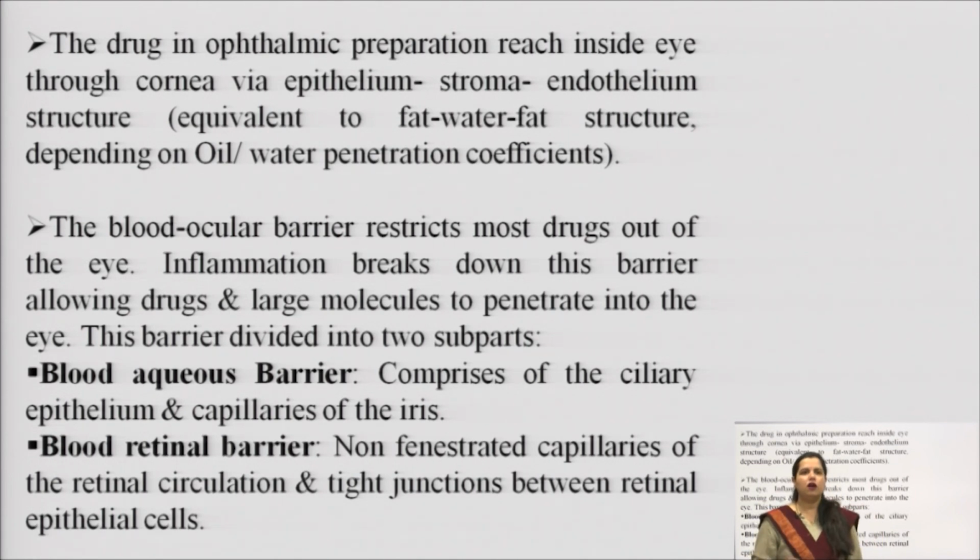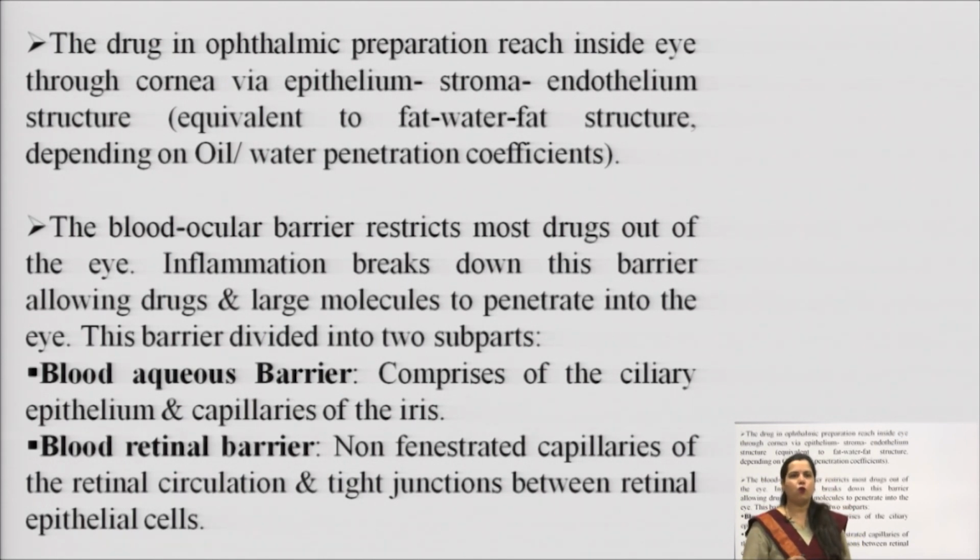Now, the blood ocular barrier restricts most drugs out of the eye, because they can't pass this corneal barrier. For example, inflammation breaks down the barrier, allowing the drug and large molecules to penetrate into the eye. This barrier is divided into two subparts, the blood aqueous barrier and the blood retinal barrier.